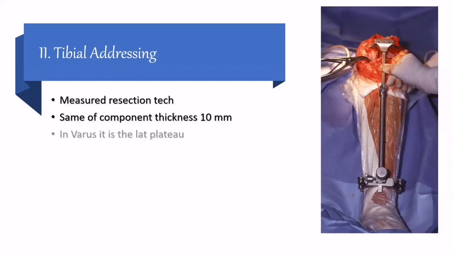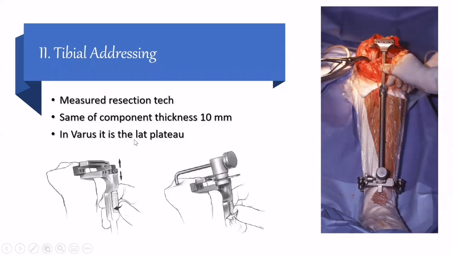So in cases of varus knee, it is the lateral plateau that we are taking 10 millimeter. How does that occur? Simply, the external and internal guide as well has a stylus like that of the femur. This stylus, if we put it on the lateral side, it will read as 10 millimeter.